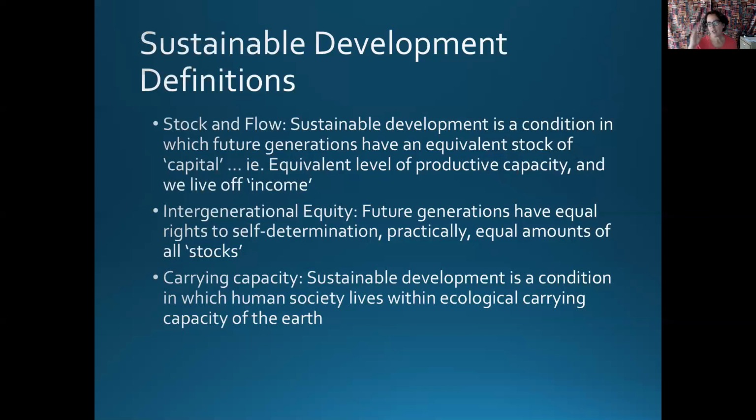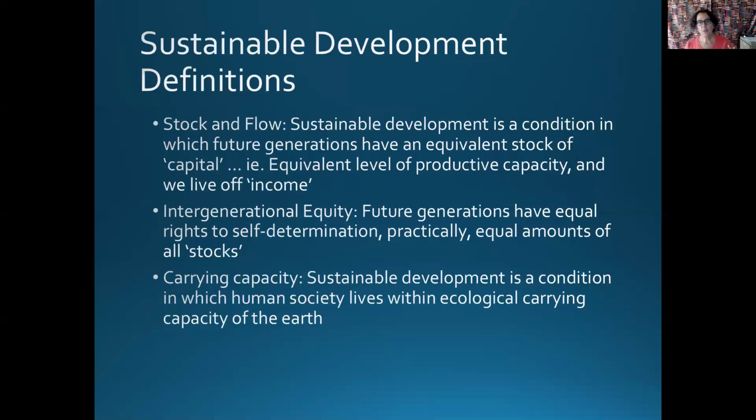Because if you have the amount of a stock, you could be making the same kinds of autonomous decisions about it as prior generations. Anyway, I'm making this distinction between equity as an amount of stuff and freedom or autonomy as the ability to make decisions. So that's from political theory, moral theory.